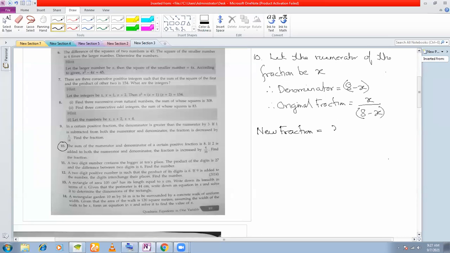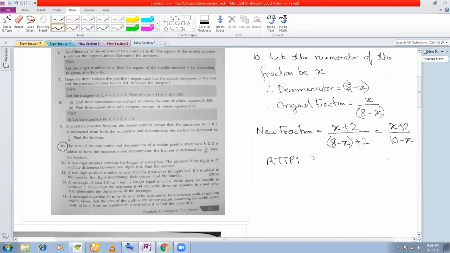If I add 2 to the numerator and denominator, we get the new fraction: x plus 2 by 10 minus x. Now, when we add 2 to the numerator and denominator, the fraction is increased by how much? 4 by 35. That means the new fraction is greater than the old fraction by 4 by 35.